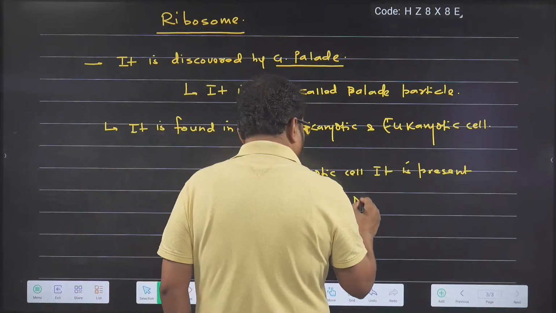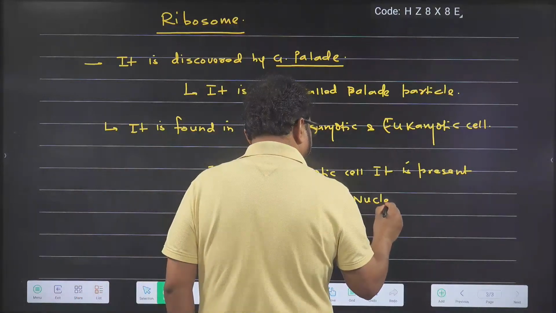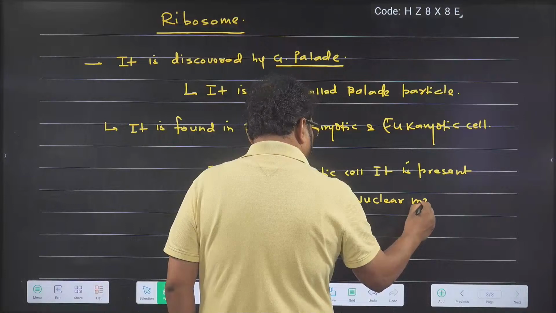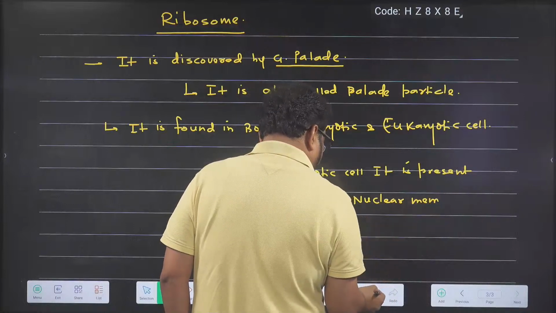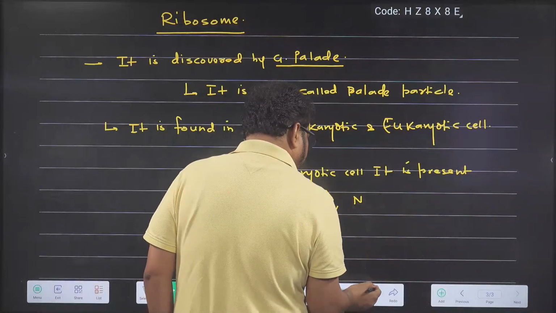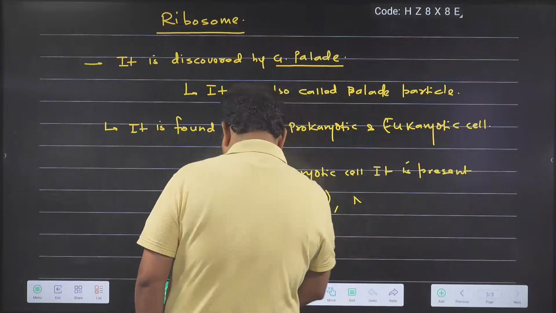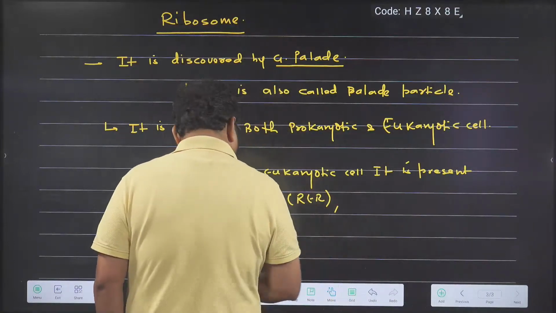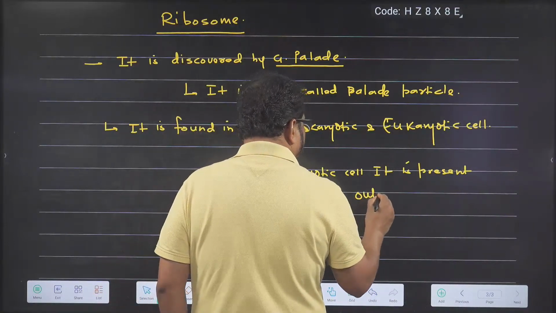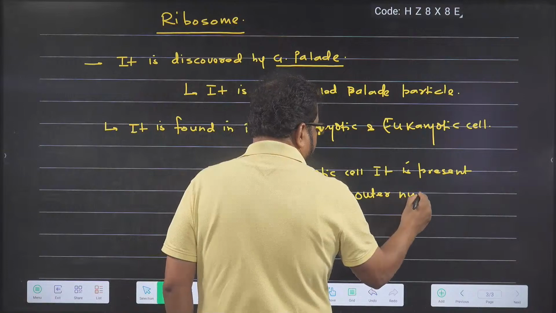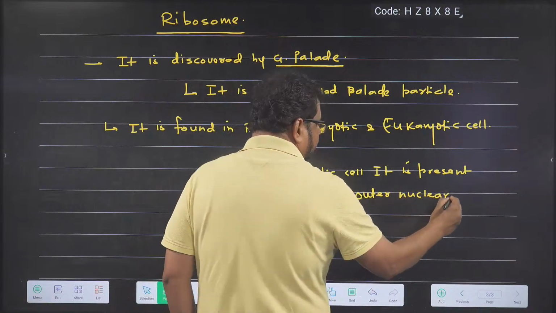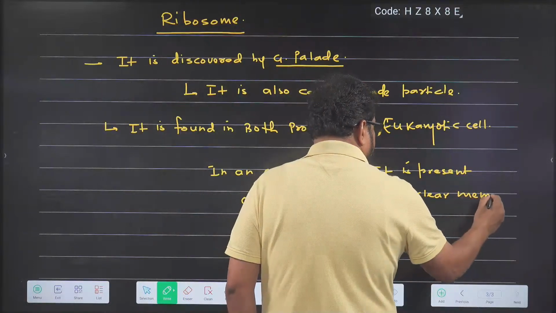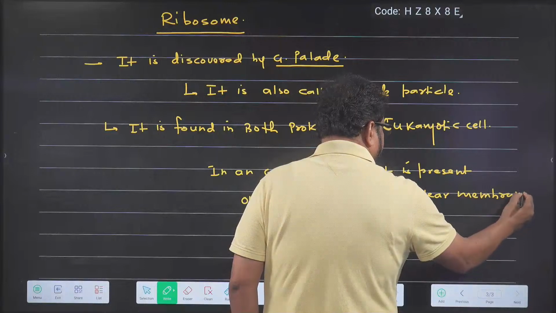It is present on the nuclear membrane. Nuclear membrane also found which one? It also has ribosomes. Outer nuclear membrane. These are the two areas where it is present.